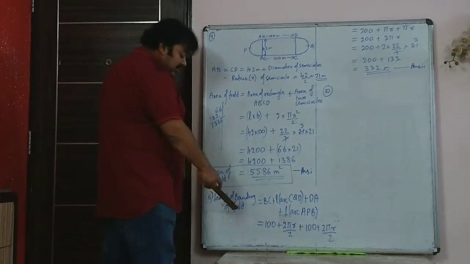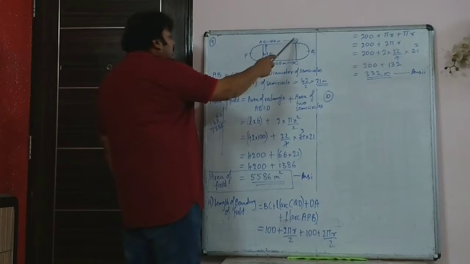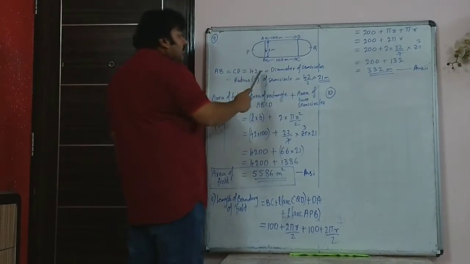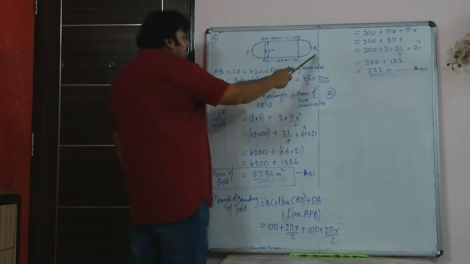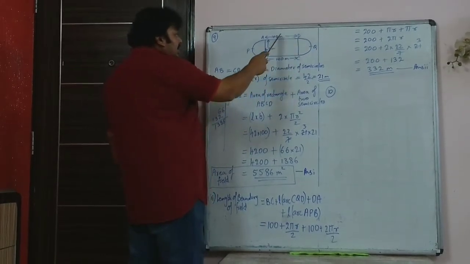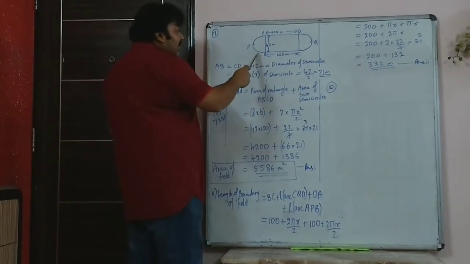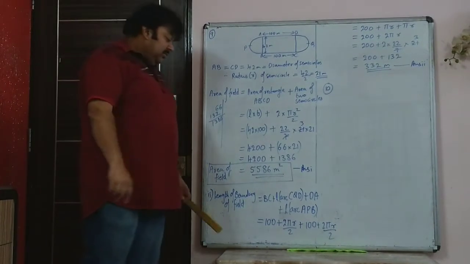Now the length of the boundary of the field. Length of the boundary of this field means this entire thing, boundary. So 100 length of CD, plus length of AD, that is 100 again, and length of APB. So all the arcs have to be added.